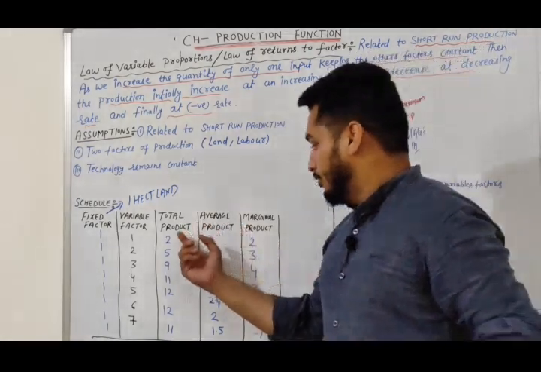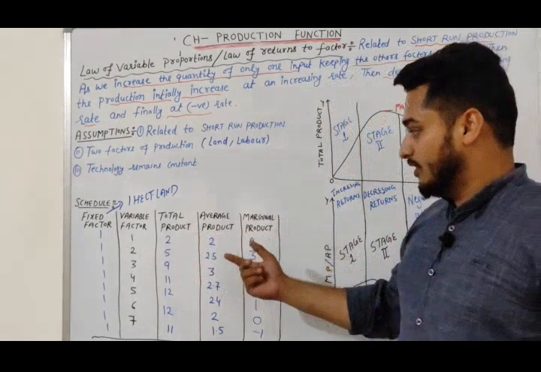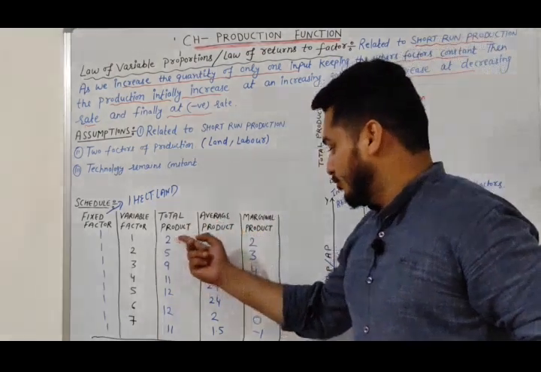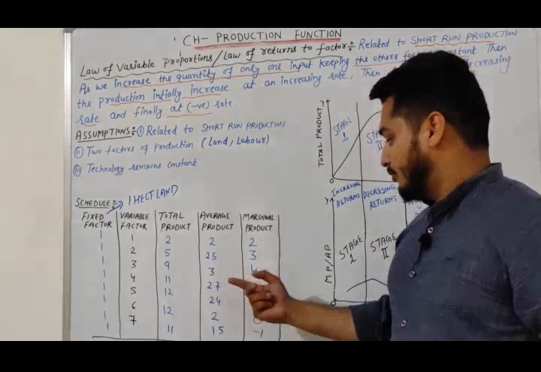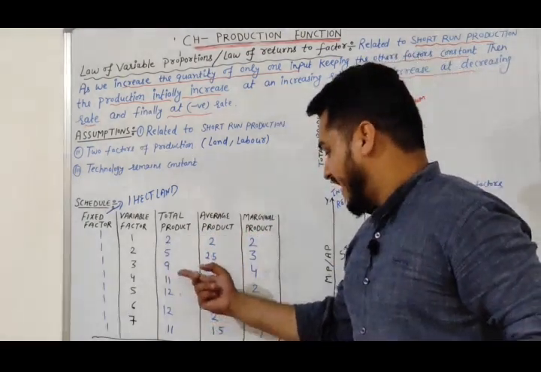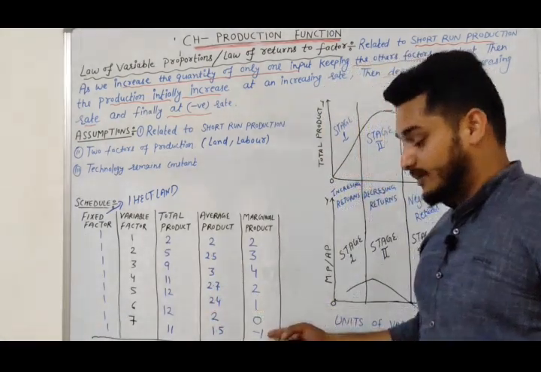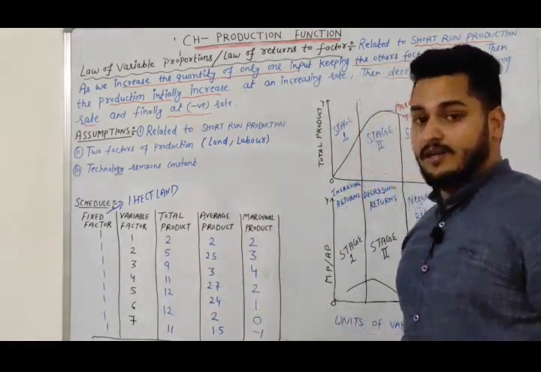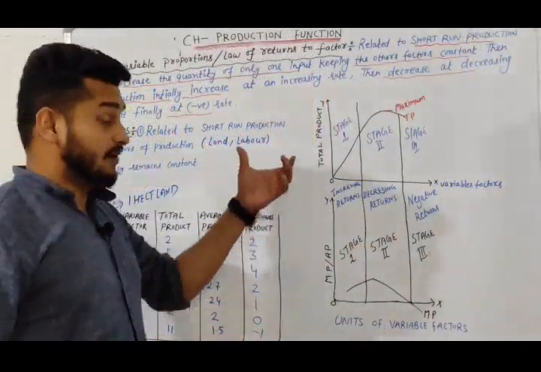So 2 minus 0 in the starting, our marginal product is 2, and after that 5 minus 2 is 3, 9 minus 5 is 4, 11 minus 9 is 2, 12 minus 11 is 1, 12 minus 12 is 0, and at last it will be negative, minus 1.